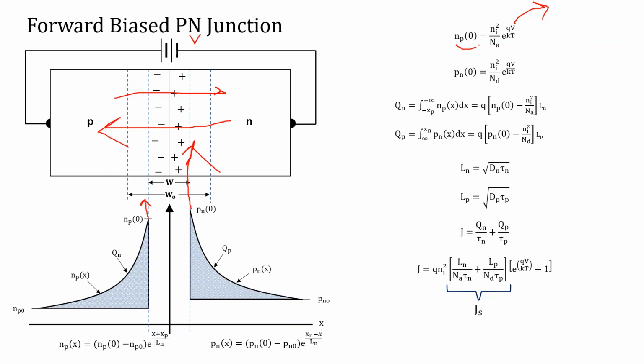So NP0 depends on applied voltage, and it also depends on the temperature. So this is exponentially dependent upon the voltage applied, and same is the case for holes. Now what will be the total charge stored inside this region? So let us say this charge is Qn. So what will be the value of this Qn?